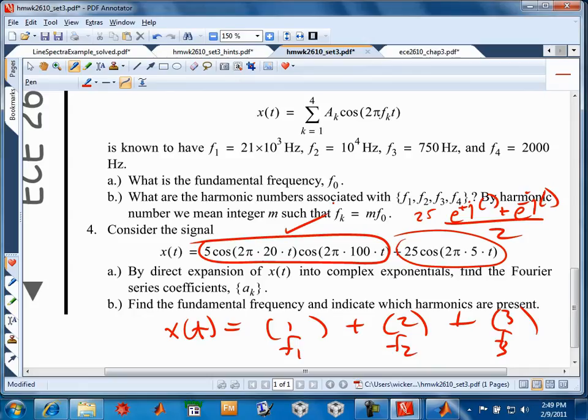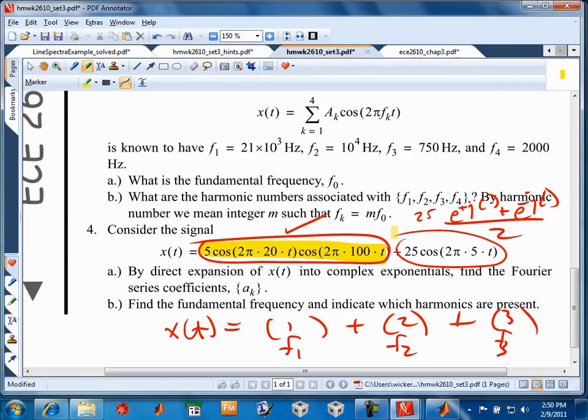For a DC term to appear, how could a DC term appear out of this? It could appear if that product there gave rise to a DC term, and how can that give rise to a DC term? When you take the product of 2 cosines, you get the sum frequency and the difference frequency. So to get a DC term, we have to get a term at 0 frequency, and that means the difference frequency would have to be 0.